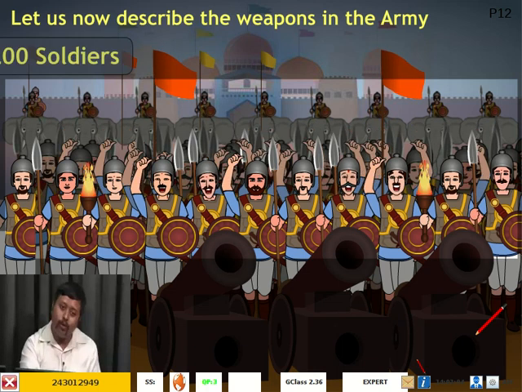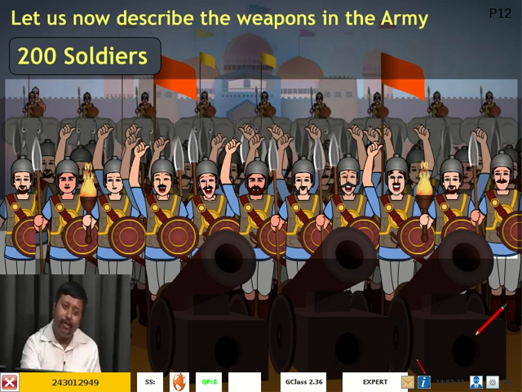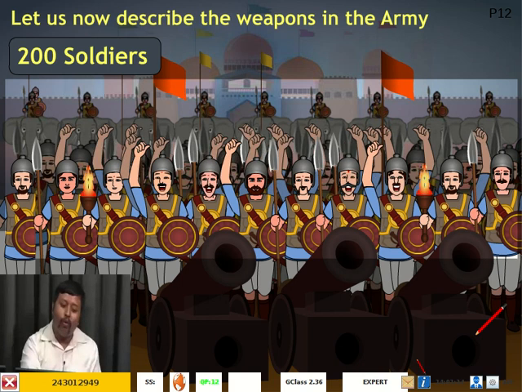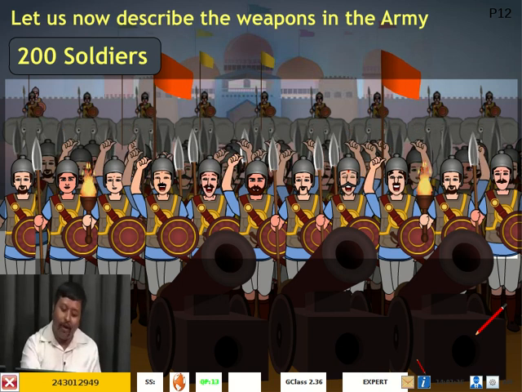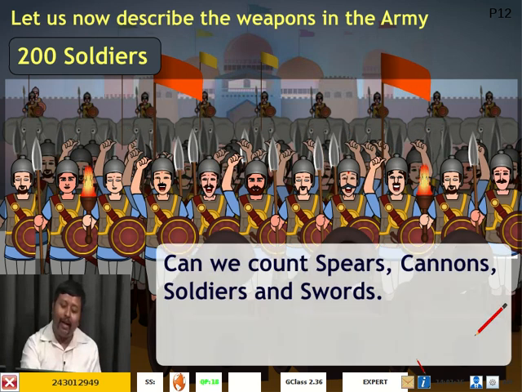After that, what next? 200 soldiers. Okay. Now, more or less, what we said? 500 spears, 50 cannons, 150 swords, 200 soldiers. Can we count them? Can we count spears, cannons, soldiers, and swords? Yes, we have already counted that.